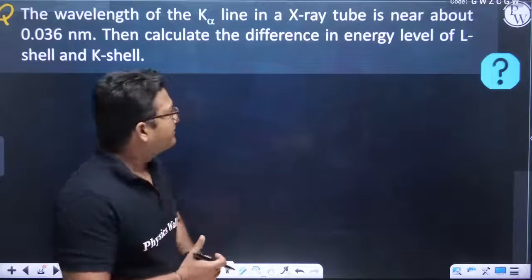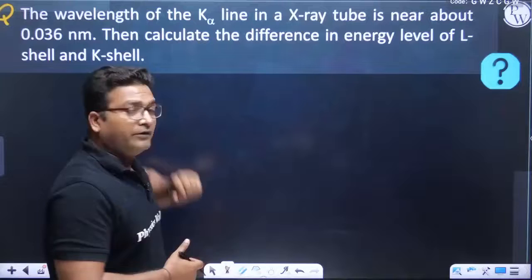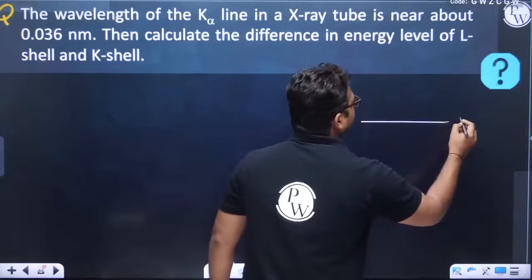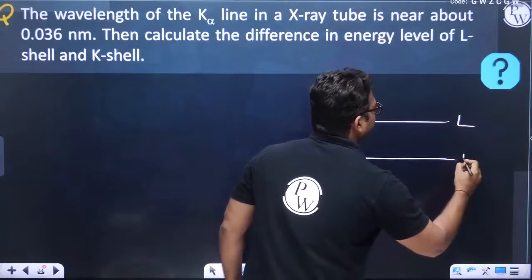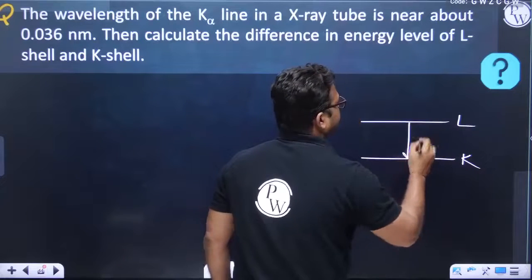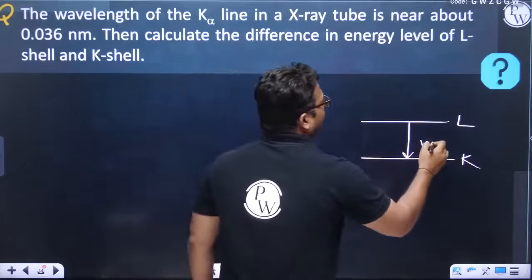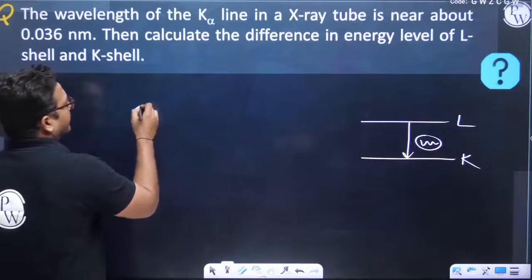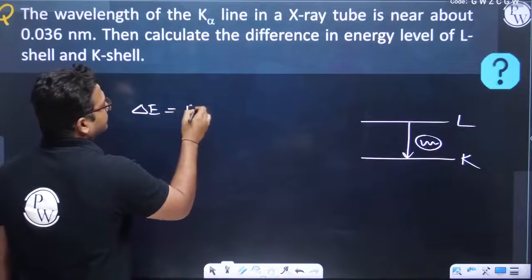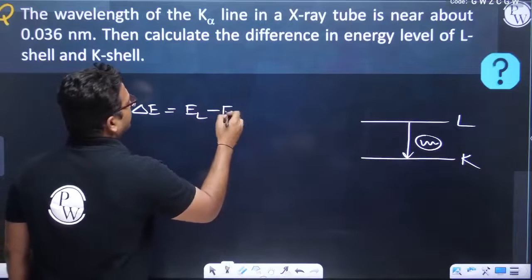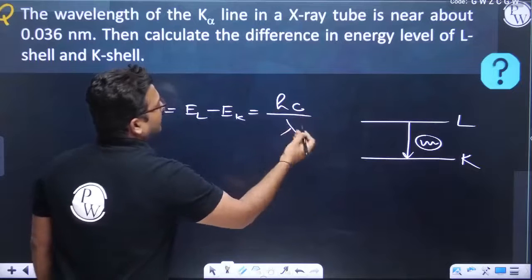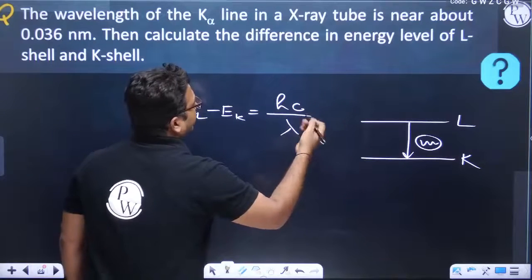We all know if we are talking about K alpha X-ray, then the electron must jump from L shell to K shell. The energy of photon emitted would be equal to delta E equals E_L minus E_K, and this is equal to hc by lambda of K alpha X-ray.